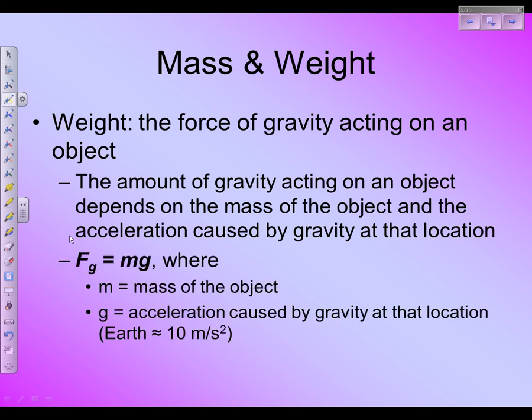So, F_G, the force caused by gravity, is equal to M times G, where M is the mass of whatever object we're talking about, and G is the acceleration caused by gravity at whatever location we're at. And we know here on Earth that acceleration is real close to 10.